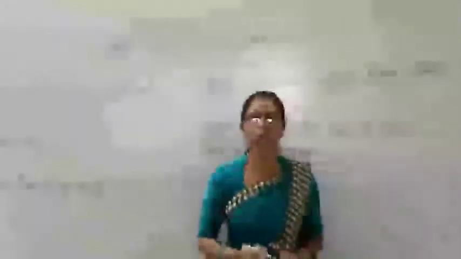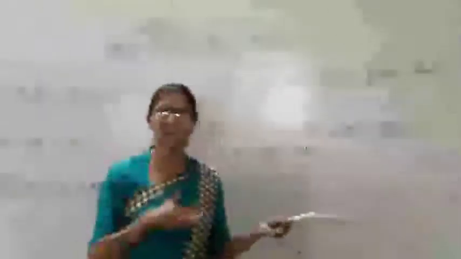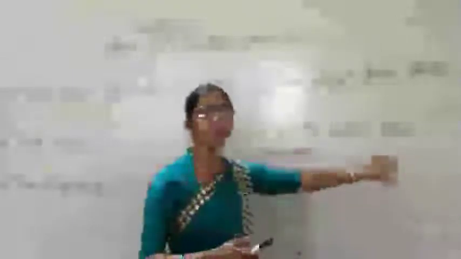So we call it as side view. Left side, we will see left side, otherwise right side. So side view means when we see the object from left or right side.